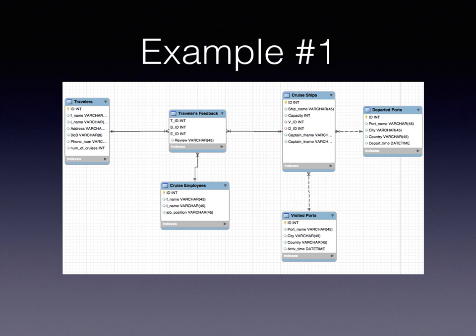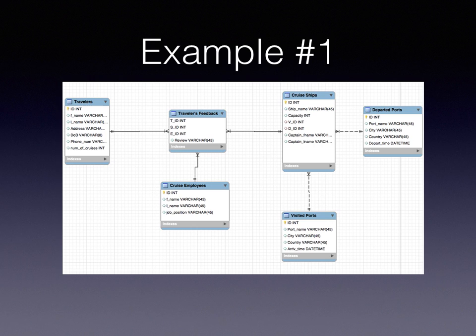Moving a little further down, we've got this special one right here. This is a three-way relationship, the traveler's feedback. This connects the traveler's entry on your far left over to the cruise ship main entry, and this is done by the traveler's feedback holding three of the entries, as you see in here.